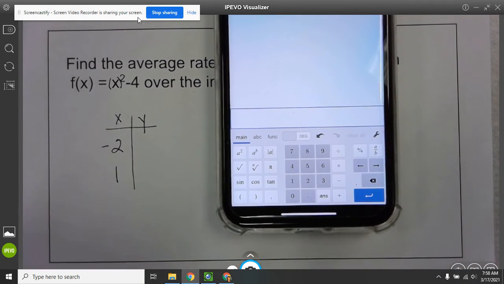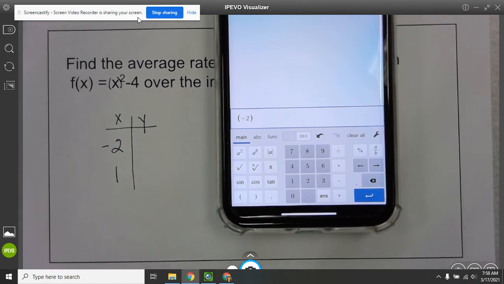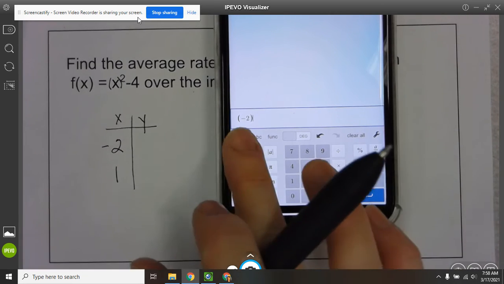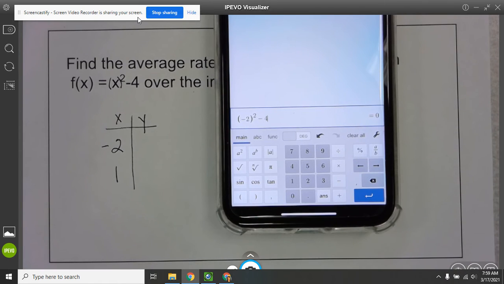So one thing to be very careful of, and this doesn't matter what type of function you're using, if you are substituting, especially if it's a negative number, I always put it inside of parentheses, always, because I always err on the side of caution. And I want to make sure that my calculator understands that the negative and the 2 are together and they're combined together. So I'm going to do -2 squared minus 4.